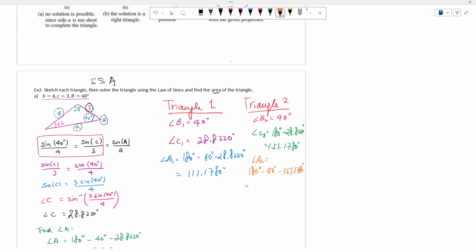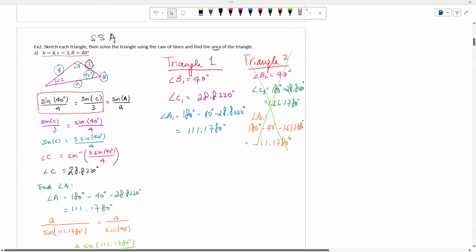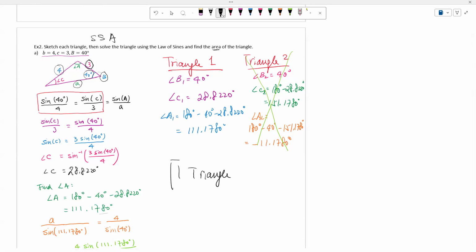And it turned out that we have a negative angle A. And of course, you know that it is impossible to have a negative angle. So in this case, we have no triangle number 2 then, okay? So therefore, we have one triangle for this SSA, okay?